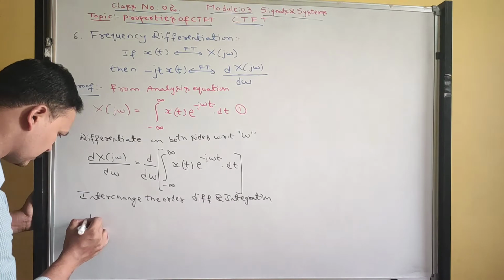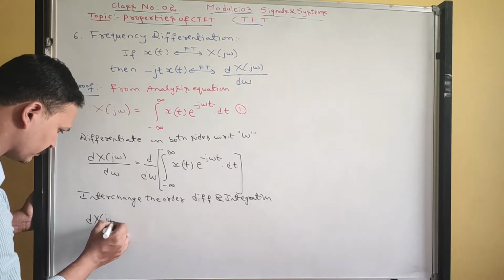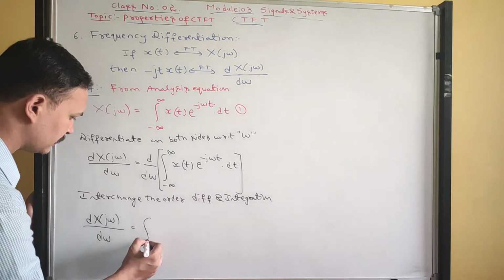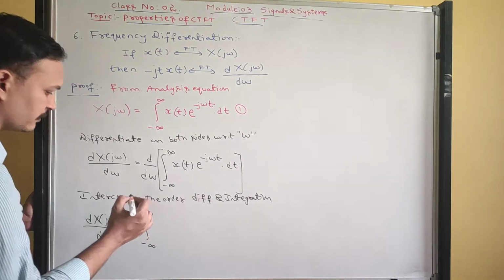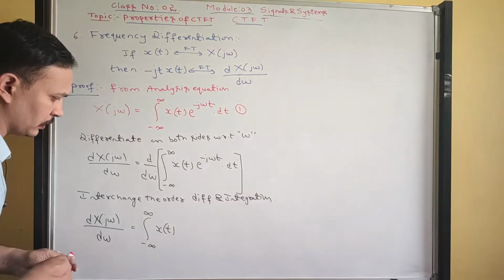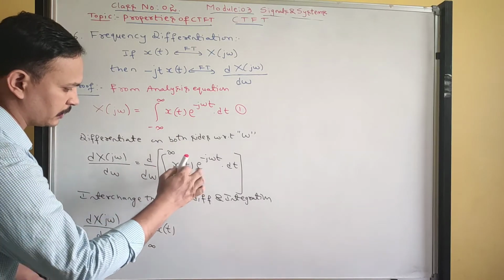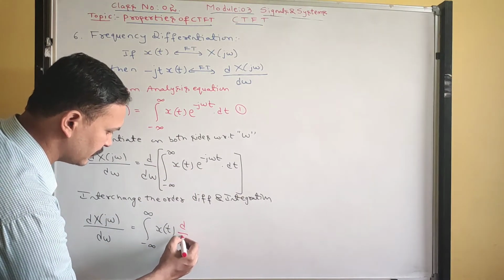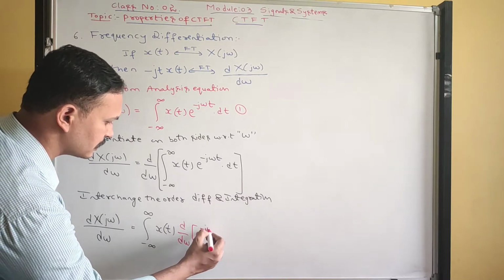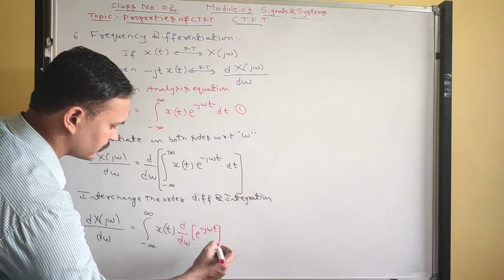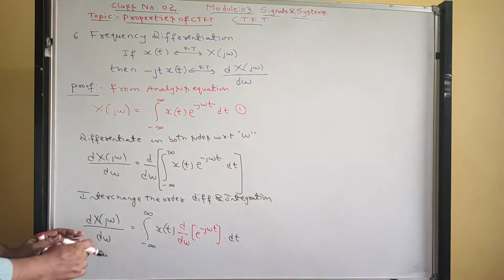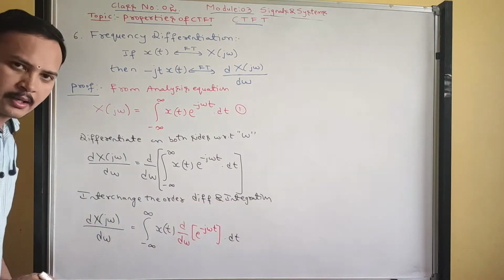Then we can write dx of j omega by d omega is equal to the integral from minus infinity to infinity of x of t into d by d omega of e power minus j omega t, into dt. This is what I have written by interchanging differentiation and integration.